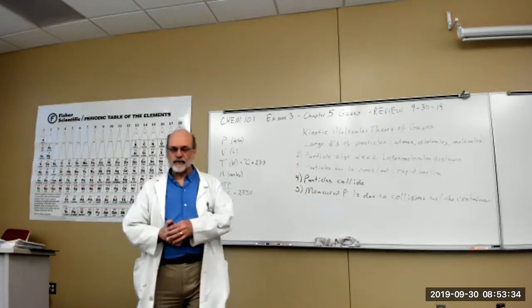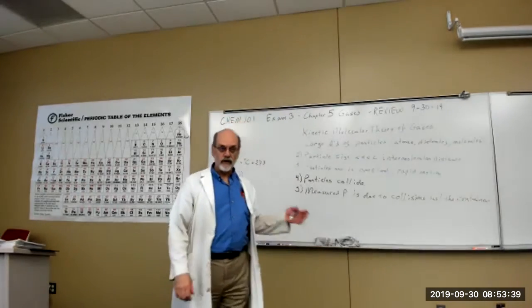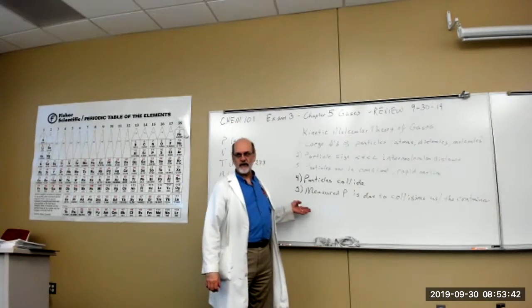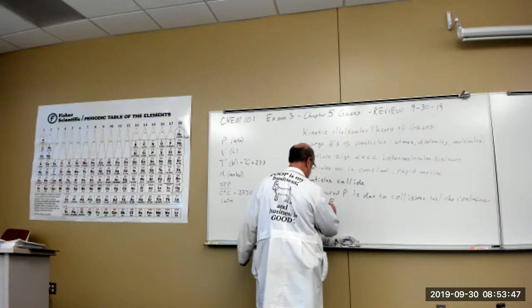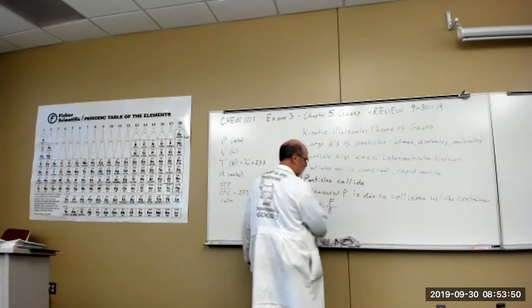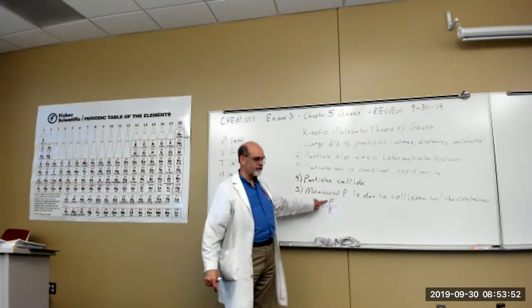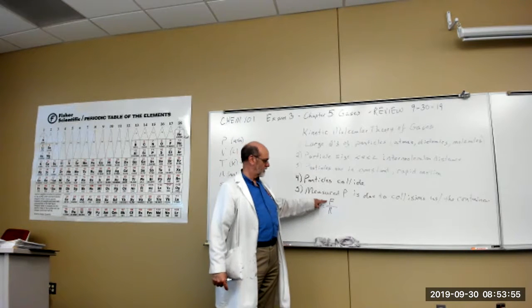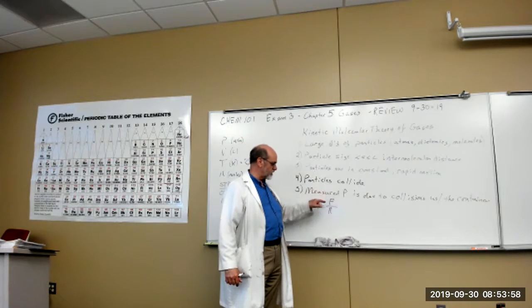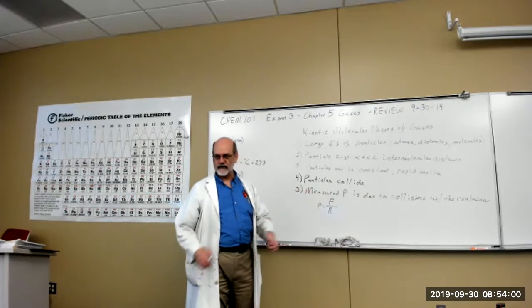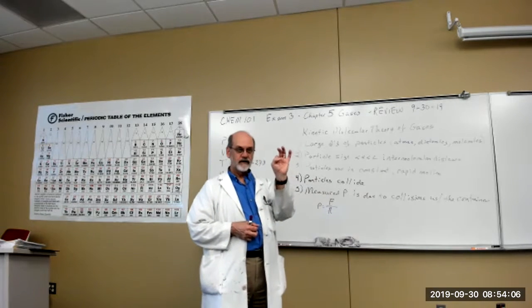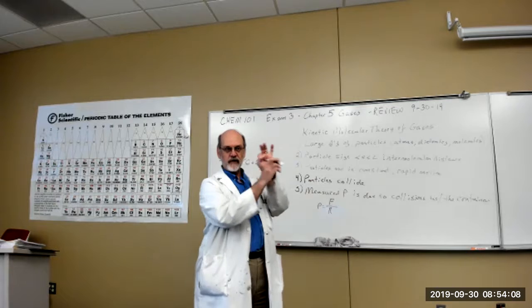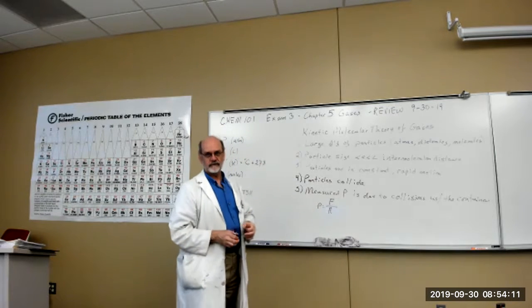If those particles did not collide with their container walls, or each other for that matter, we wouldn't be able to measure pressure. Because what's pressure? Pressure is a force per unit area. We wouldn't have any force if we had no collisions. So the only way that we can measure pressure is that those particles collide with the walls of the container. And if we substitute for part of the walls of the container a device that responds to those impacts, that's how we measure pressure.